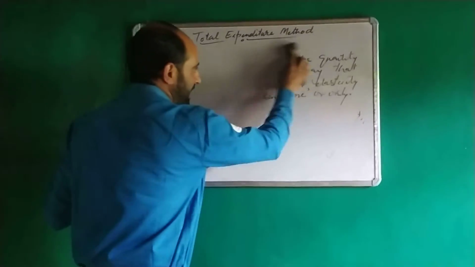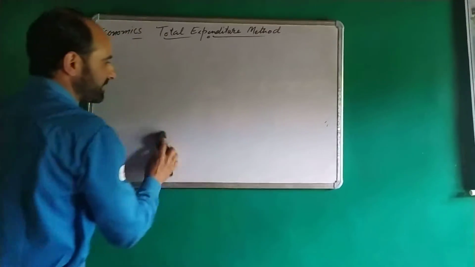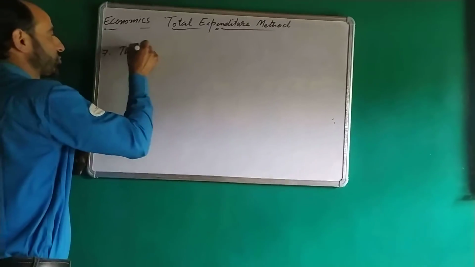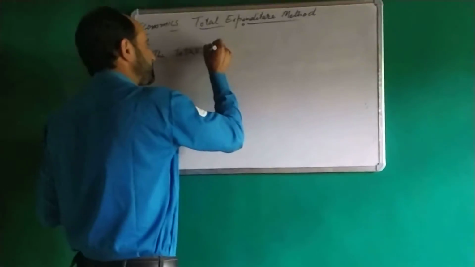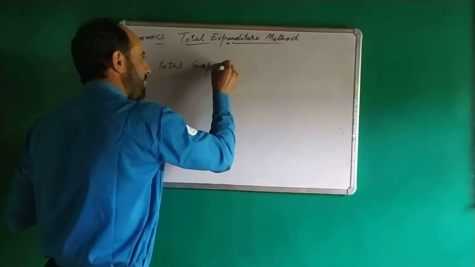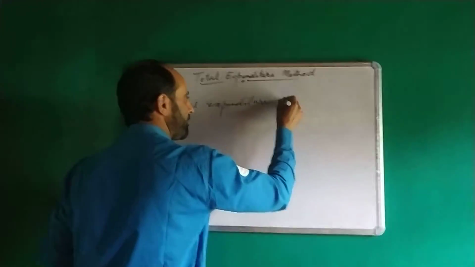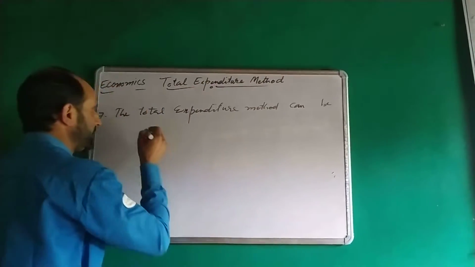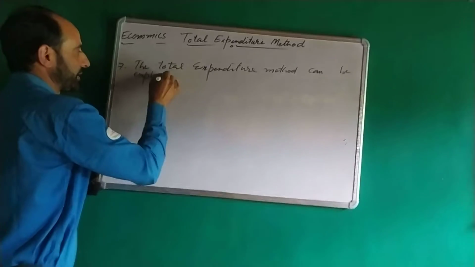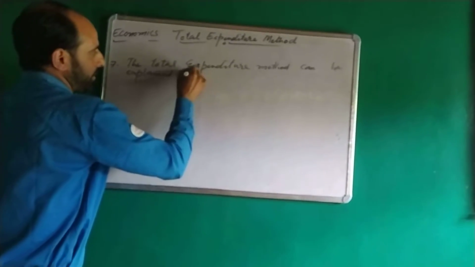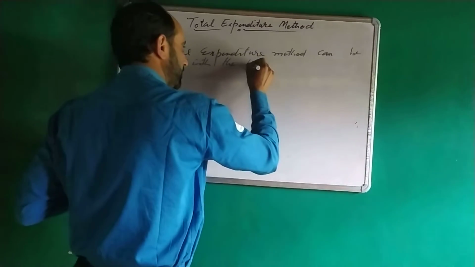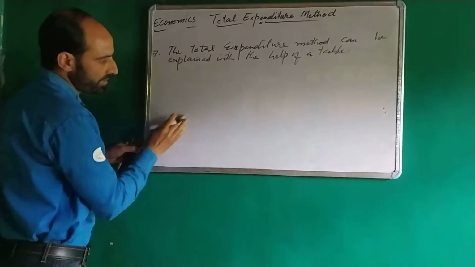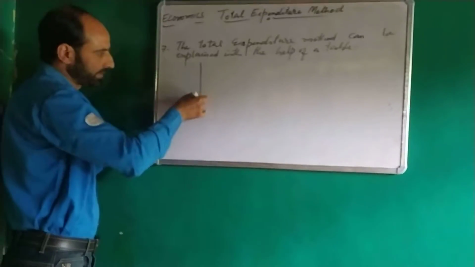This total expenditure method can also be explained with the help of a diagram. Seventh point, the total expenditure method can be explained with the help of a table. Now let's draw a table here.